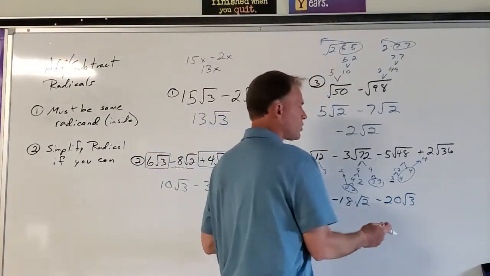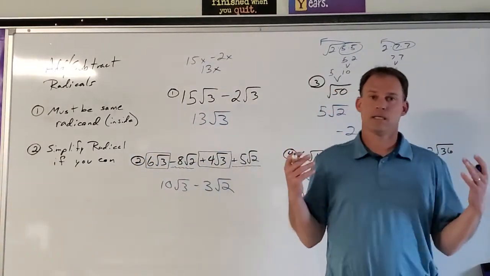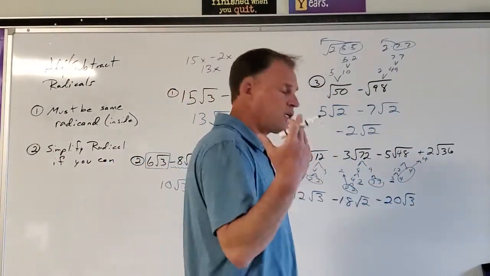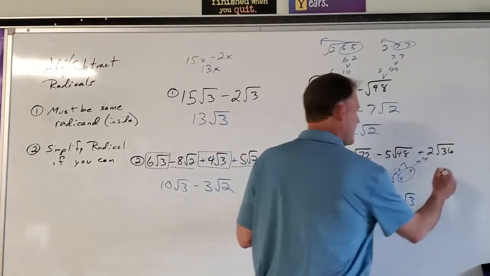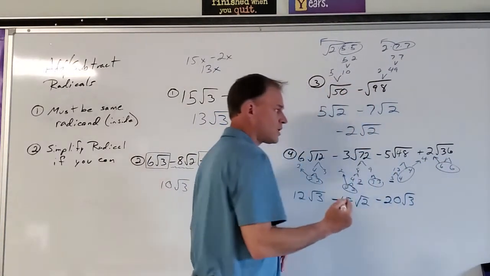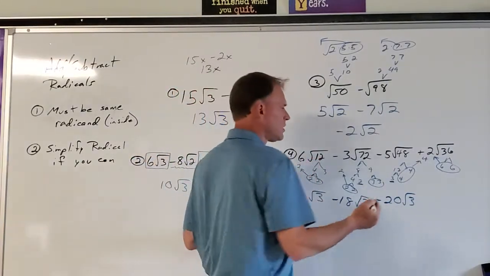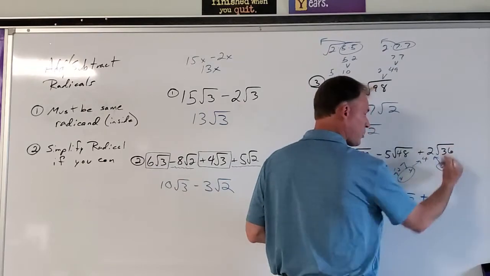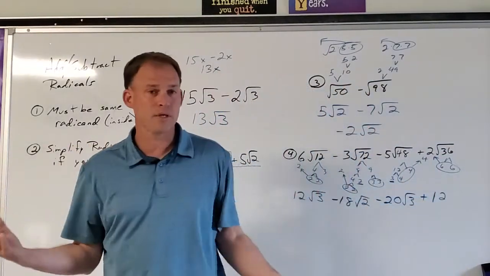Moving on, 36. If you recognize a perfect square, square root of 36 is 6. I don't need to go to a factor tree here. I know that this will break down to 6 and 6. Take the 6's out. All right? Take them out. 6 times 2 is 12. If something's a perfect square, remember, there's not going to be a radical.